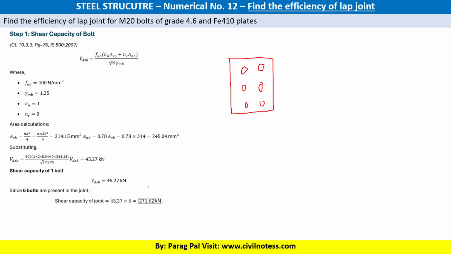So we have 6 bolts. For the 6 bolts we calculate Vdsb, which is this amount multiplied by 6, and we get 271.62. This is the shear capacity of the 6 bolts.